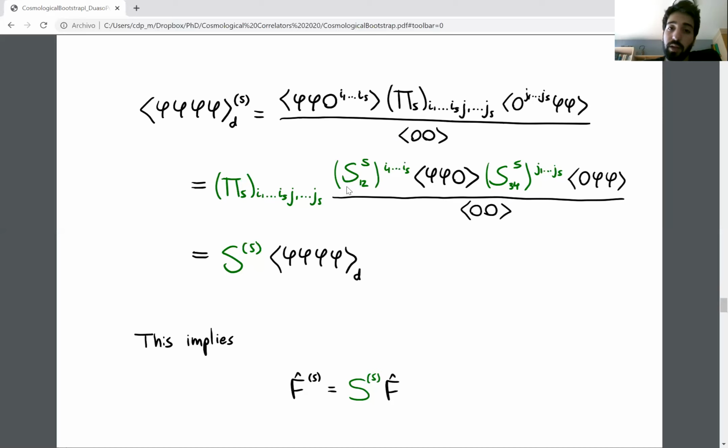And if we take these operators and pull them out, one has to be a bit careful, but this can be done. Notice that they are acting on the conformally coupled scalar only. One can group them with the polarization tensor in an operator called S, for example. And the object on which this operator is acting is just the disconnected part of the 4-point function of scalars exchanging a scalar, right?